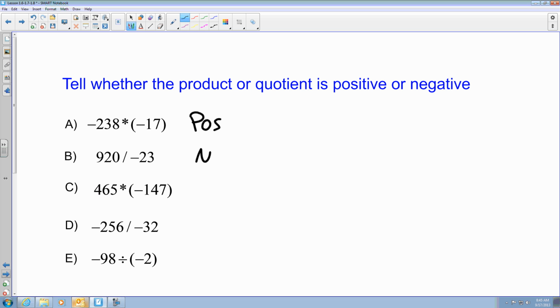They're different signs, so it's going to be negative. For C, I'm multiplying a positive by a negative, 2 different signs. It's going to be negative. D, I'm dividing 2 negative numbers, so that means this is going to be positive. And then for E, I'm dividing again 2 negative numbers, so this is now going to be positive.